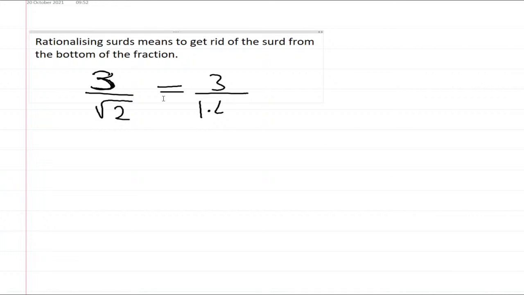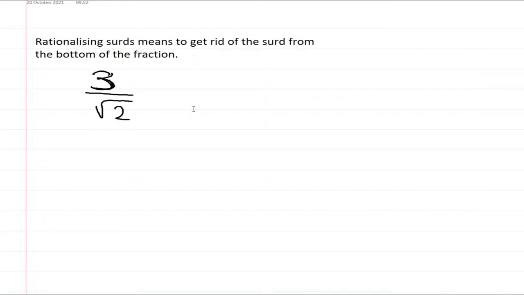It is Mr. Adams. Now, what can I times root 2 by to get rid of root 2? If I times root 2 by root 2, it's going to be equal to 2. We know that.